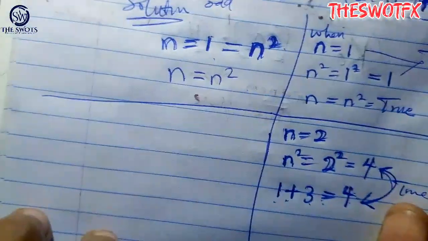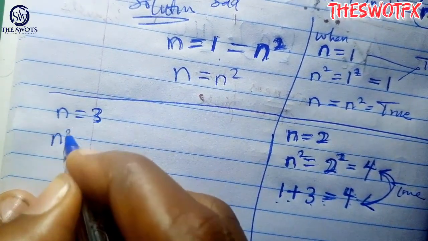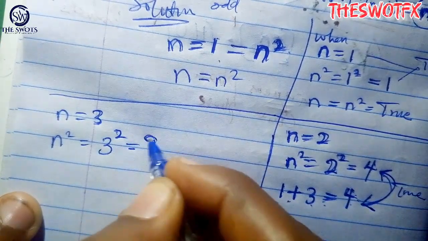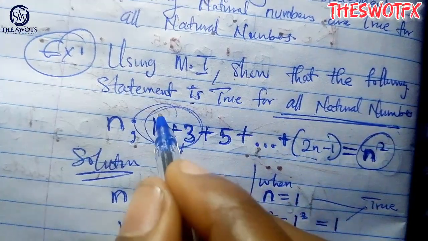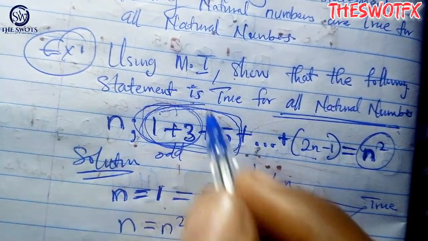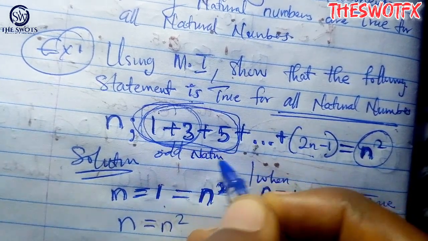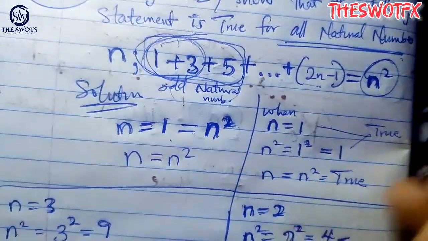Let's take a look at when n is 3. n squared will be 3 raised to power 2, that is 9. If I add the first three odd natural numbers together, will they give me 9?